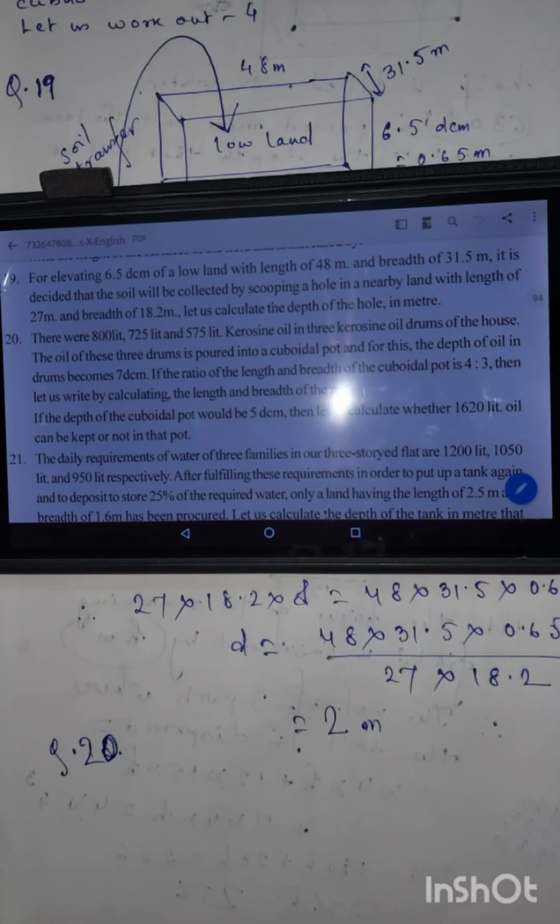If the ratio of the length and breadth of the cuboidal pot is 4 is to 3, then let us write by calculating the length and breadth of the pot. If the depth of the cuboidal pot would be 5 decimeter, then let us calculate whether 1620 liter oil can be kept in it or not.